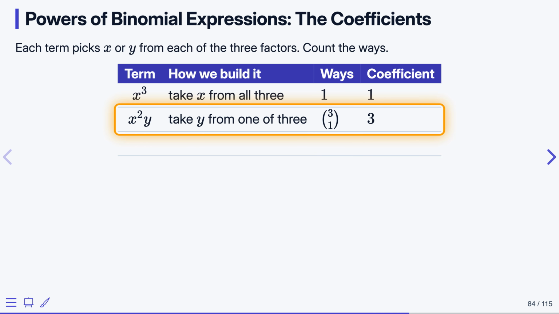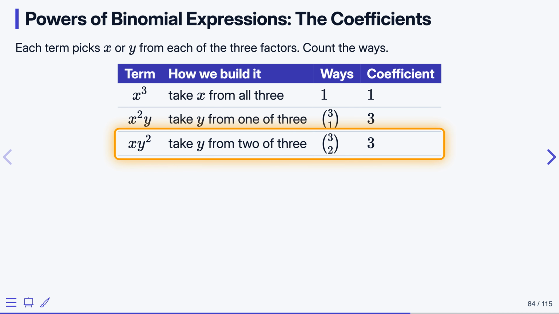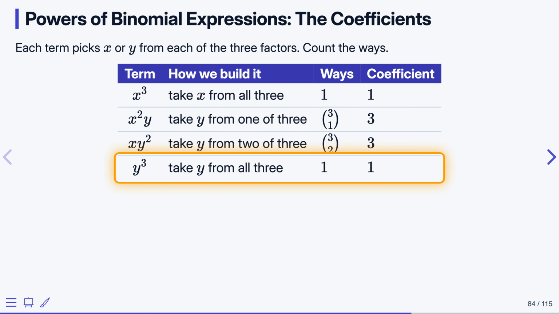Choosing that one factor is 3 choose 1, which is 3. Row 3. For x times y squared, we take a y from two of the three factors. That is 3 choose 2, which is also 3. Row 4. For y cubed, we take a y from every factor. One way, so the coefficient is 1.